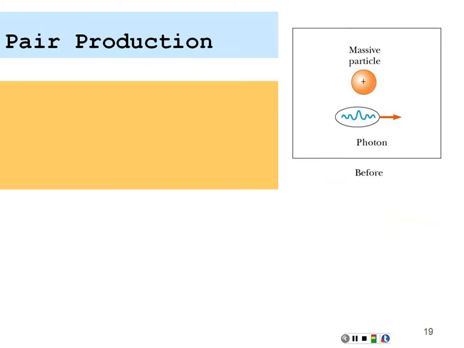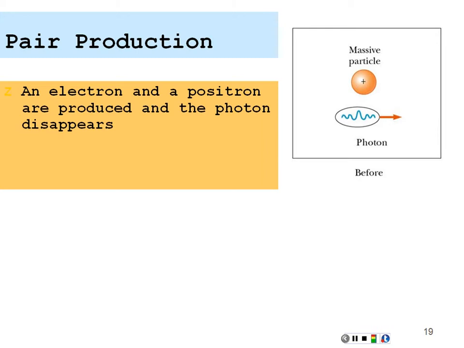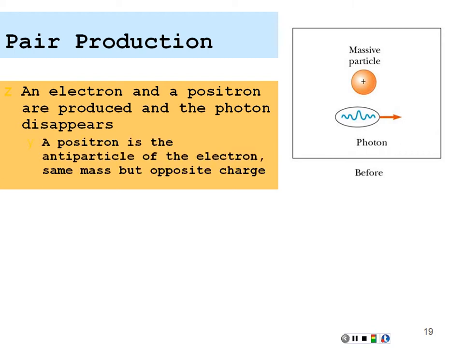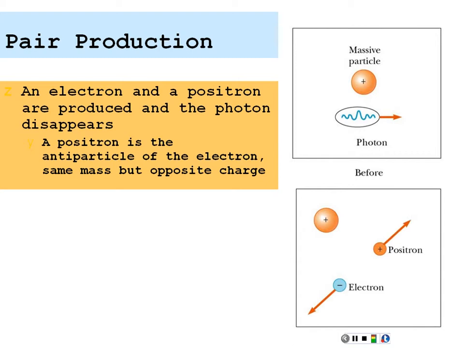Pair production. An electron and a positron are produced, and the photon will disappear. So the pure energy of a photon can be used to create an electron-positron pair. A positron is the antiparticle of the electron. It's antimatter, since it has the same mass but opposite charge. This must be done in the vicinity of some other atom or molecule, so that everything needed can be conserved.